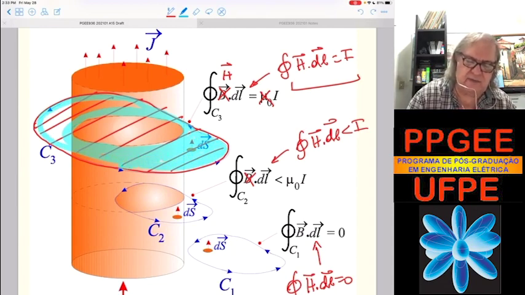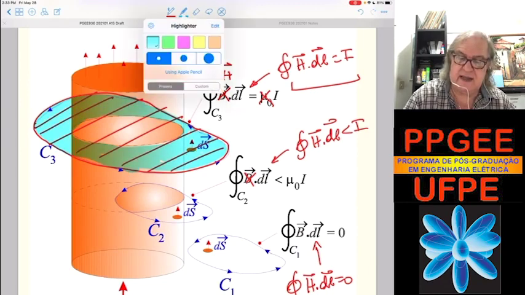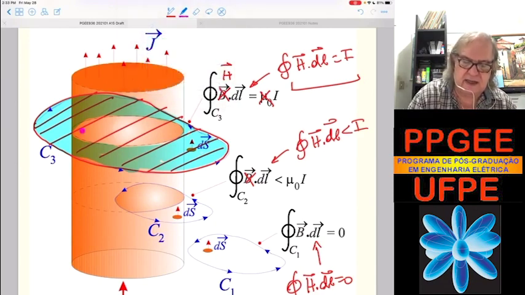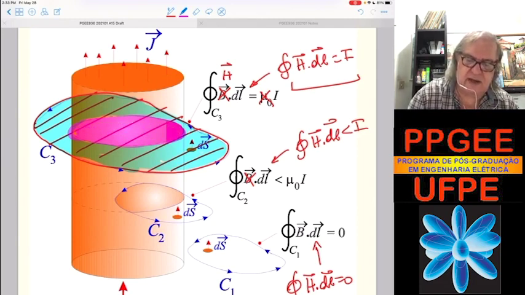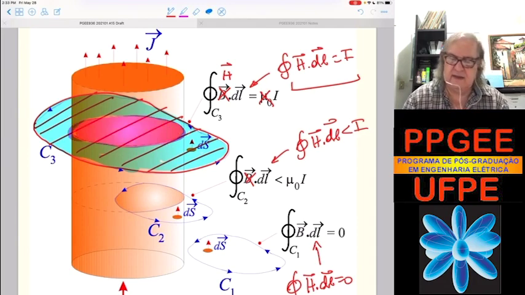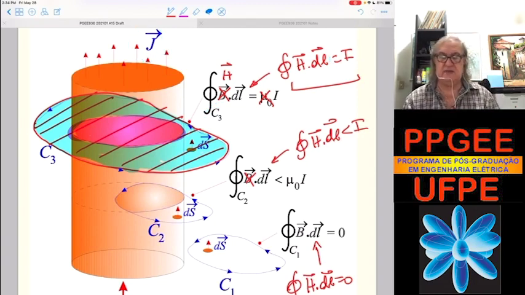So in practice, when you make a loop that is larger than the cross section of the cylinder, the net result is just this part here, the integral we're going to calculate along the cross section of the cylinder. So the integral over C3 is going to be the total integral of J on the cross section, equal to I.